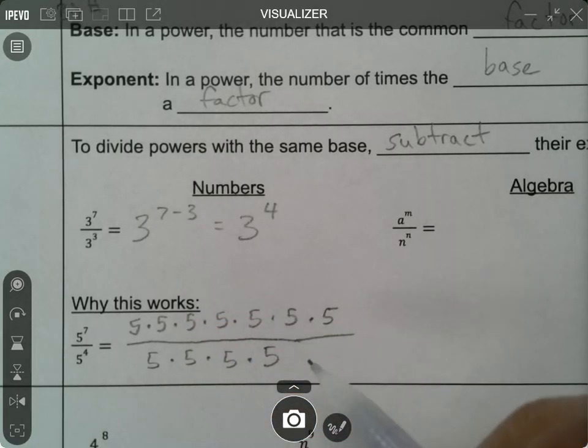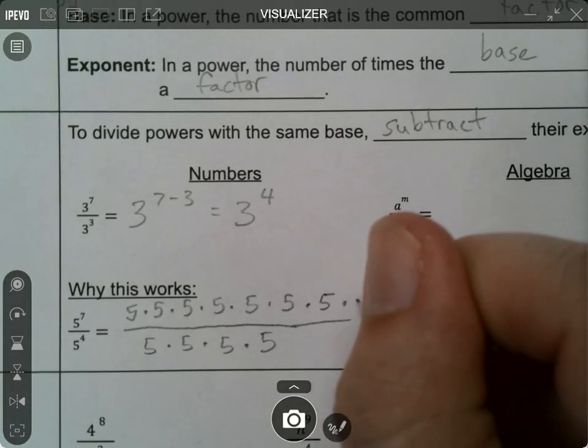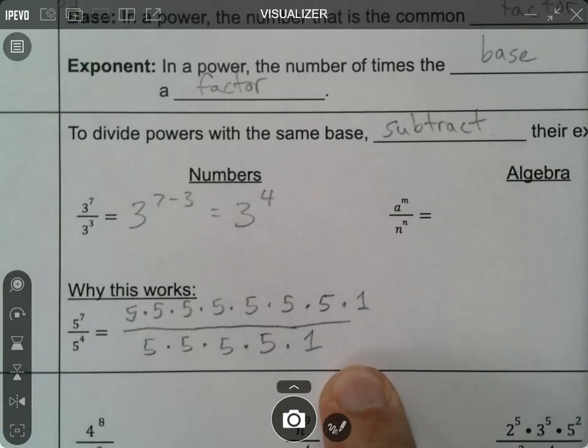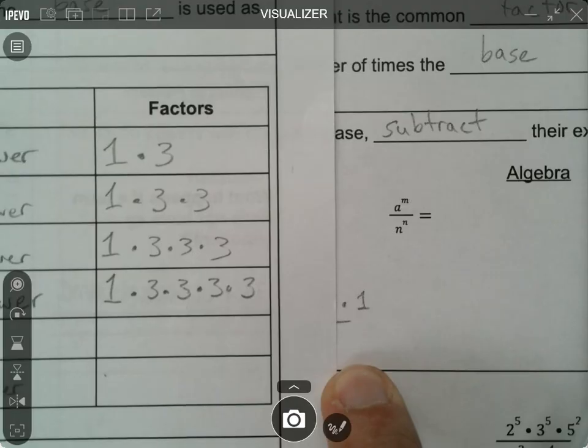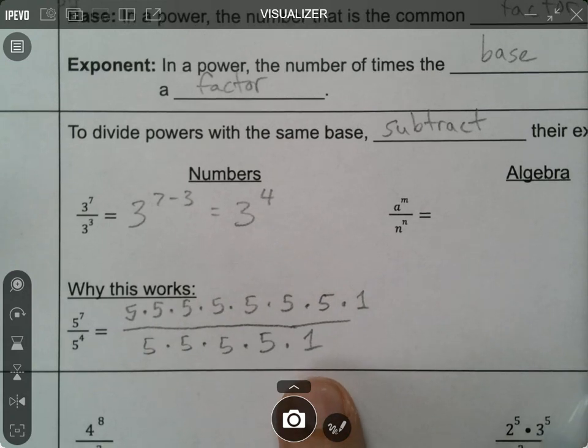Right? One other thing that I want to put down here, because I want you to get used to looking at this, is times 1. Remember, we kind of did that yesterday, the times 1. That's something that's going to come up, especially when we get to 0 and negative exponents. But in any case, I've got this set up, right?